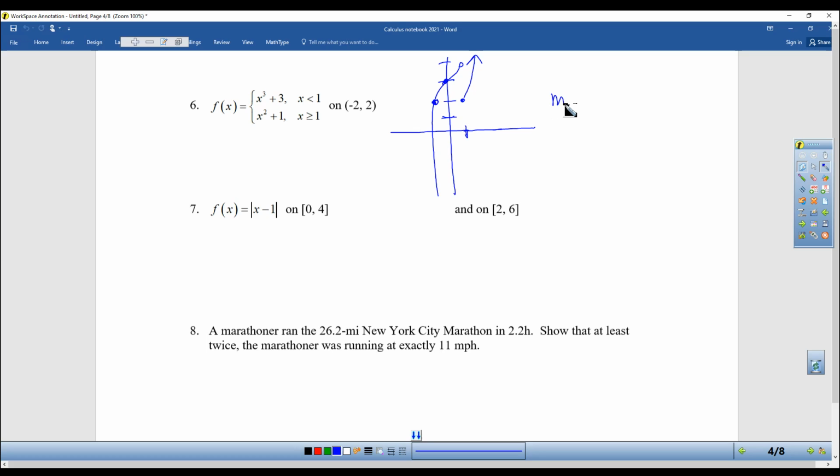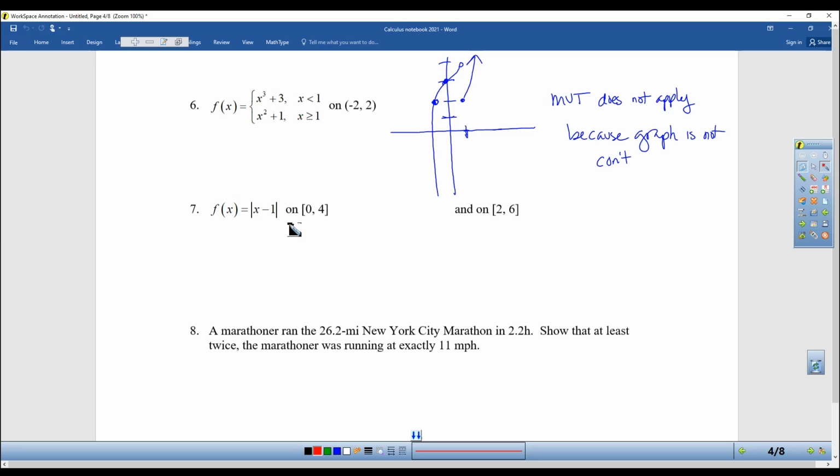So the mean value theorem does not apply because the graph is not continuous. You always have to check for continuity and differentiability.